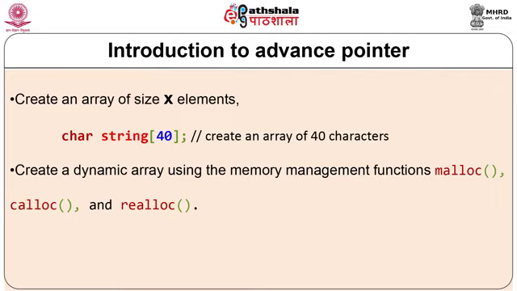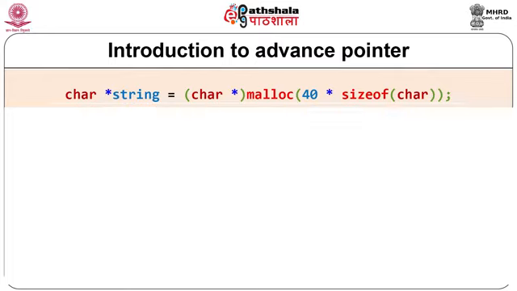But at this point we will not highlight memory management functions in this programming module. char *string = (char *)malloc(40 * sizeof(char)). So this is just an example given over here. To understand, other functions can be used to declare a pointer or used as a pointer.